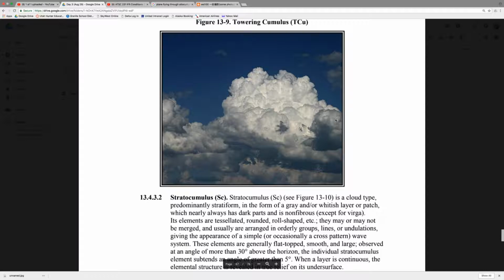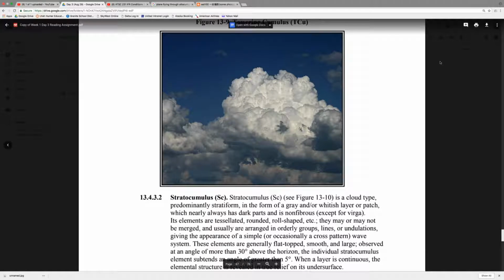And we hit some pretty good bumps still, and we did have to fly through some of them. But it was pretty neat looking outside the window as we were flying through it.